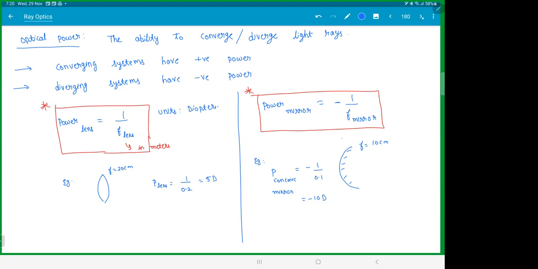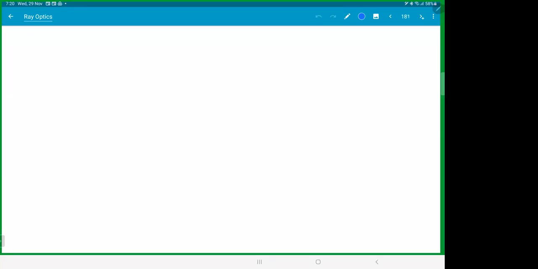Clear? Next thing. So what happens if you combine lenses? Combination of lenses.